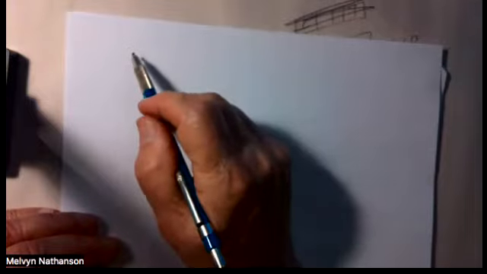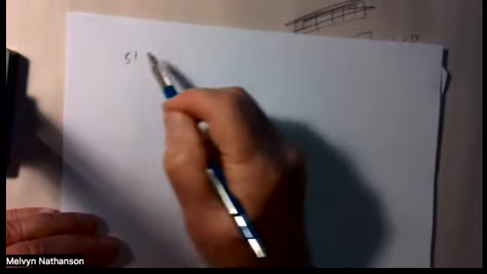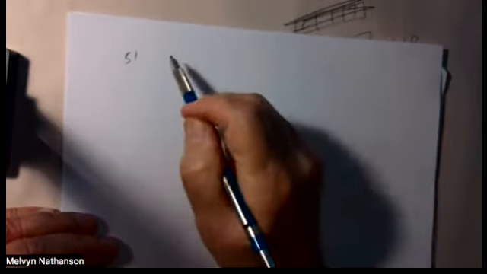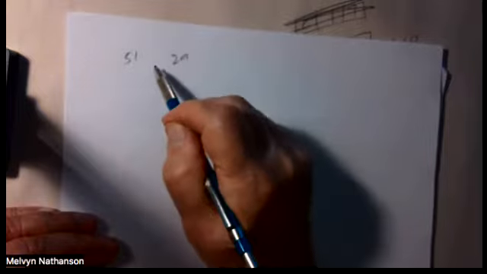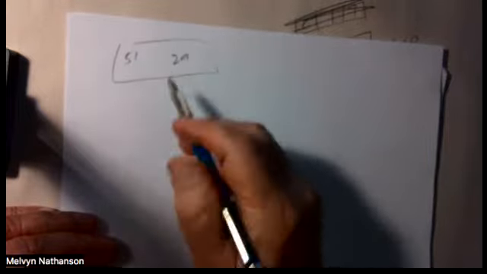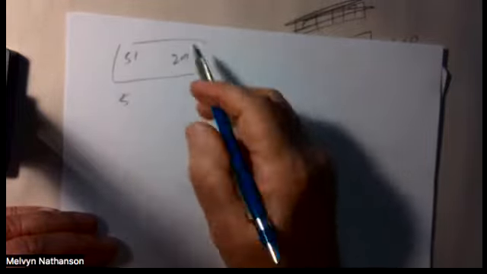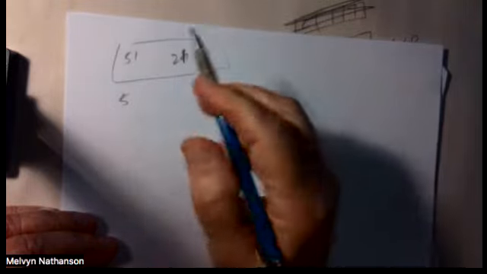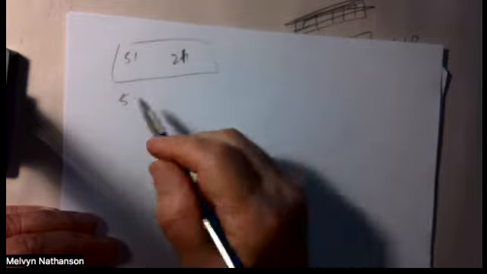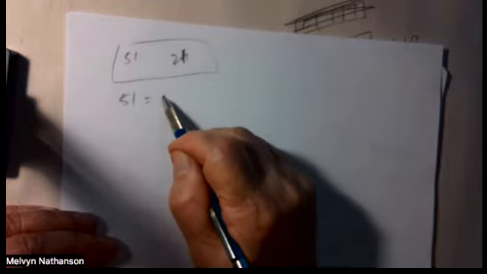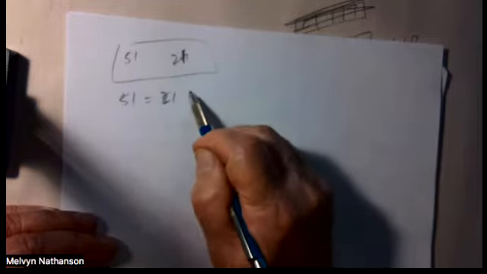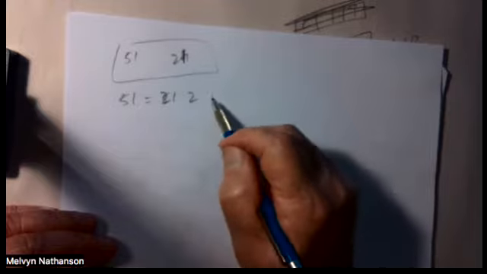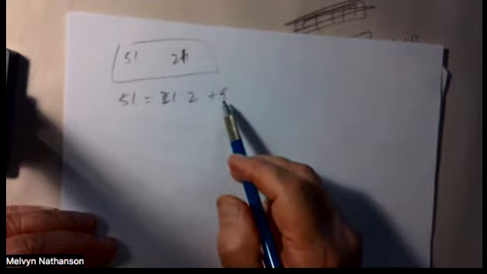So if I take two numbers like, I don't know, 51 and 24, and I want to find the greatest common divisor. Well, maybe that's too easy. I'll take 51 and 21. You divide 51 by 21, you get a quotient of 2, that's 42, and a remainder of 9.